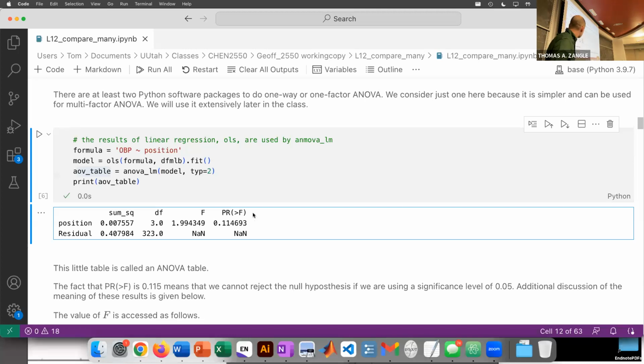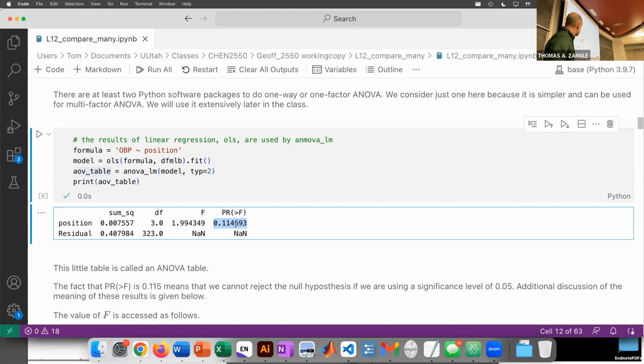But one thing to look at here, just right off the bat in this corner of the table, this PR greater than F is basically our p-value. So we've talked about p-values and how we compute p-values from a t-test using the t-statistic.